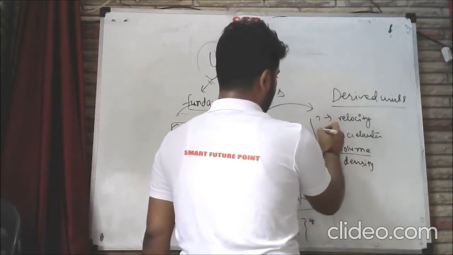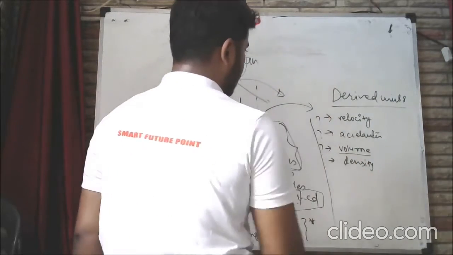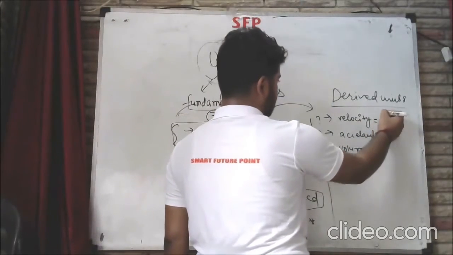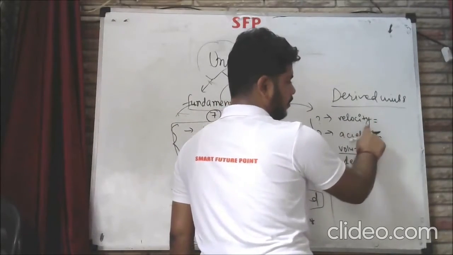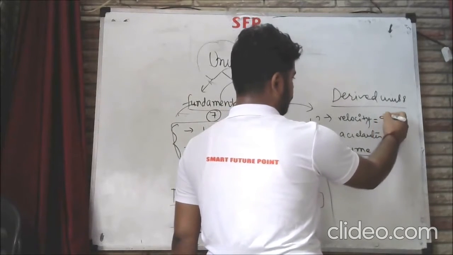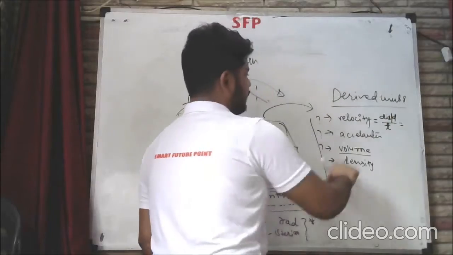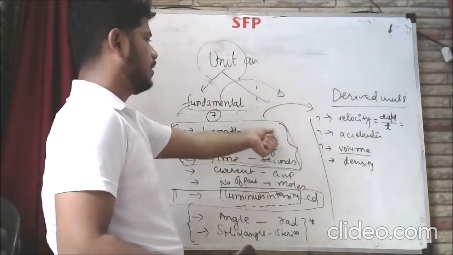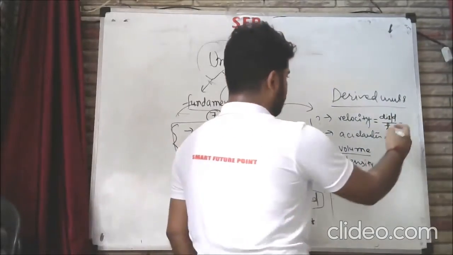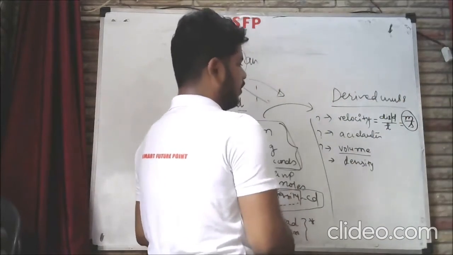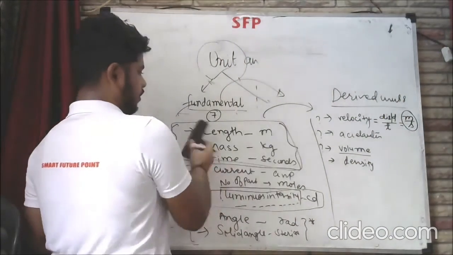We have to find the unit of all these quantities. You know the formula: velocity is nothing but distance or displacement upon time. Distance is measured in meter and time in second, so the unit is meter per second.